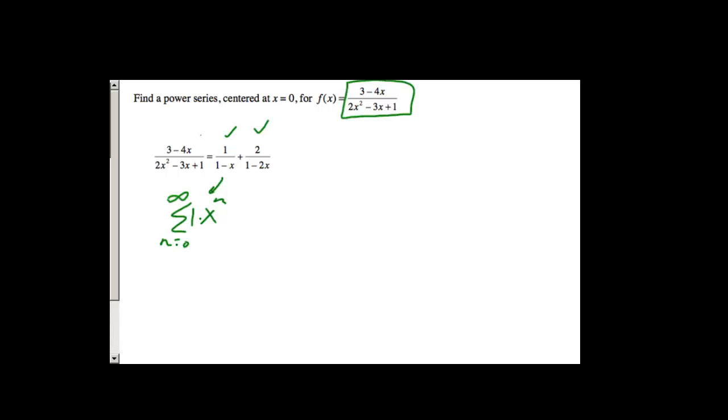And our other function, which we'll write in red, is the sum from n equals 0 to infinity. Starts with 2, so 2 times, and its multiplier is 2x. So times 2x to the n.